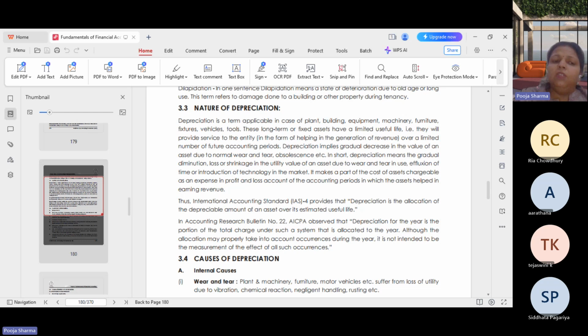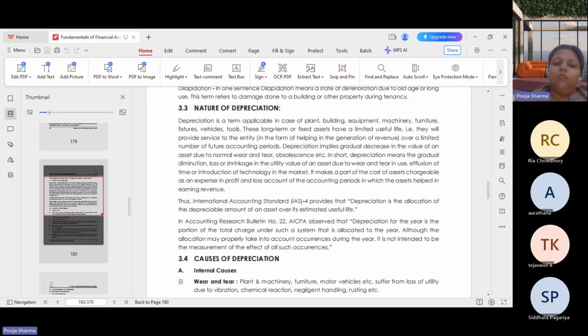For them, depreciation is an expense. It is an expense which is charged or allocated over a period of time. It is shown as an expense in the income statement, charged to the P&L account, and the same is deducted from the value of fixed assets in the balance sheet.